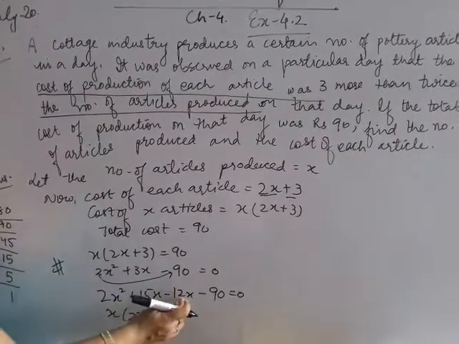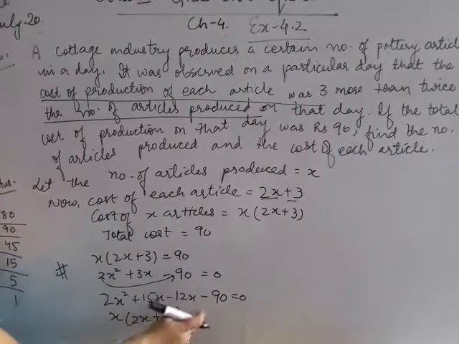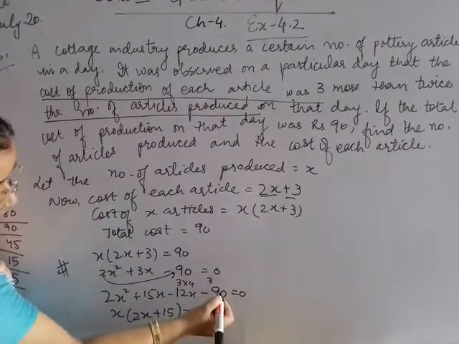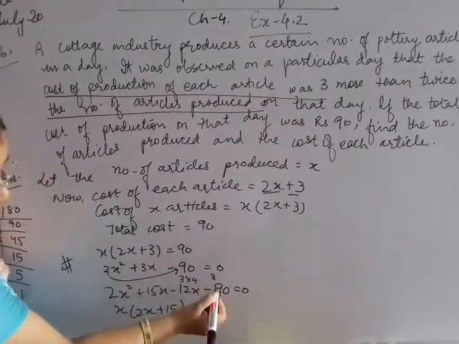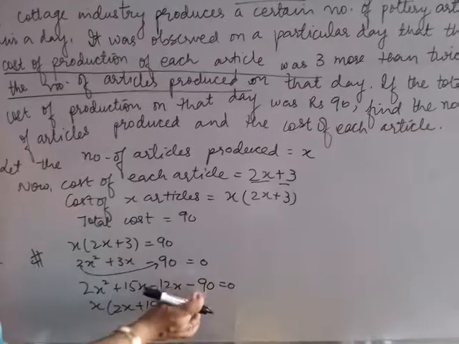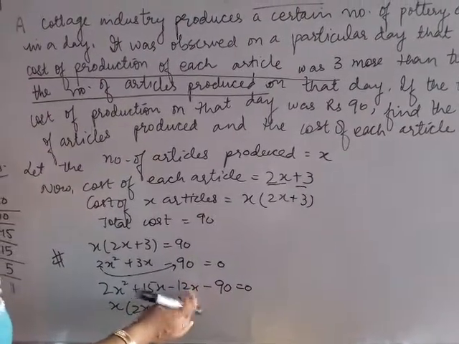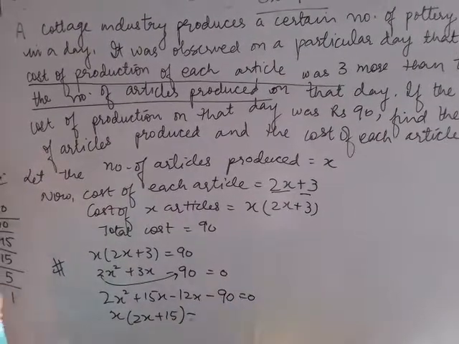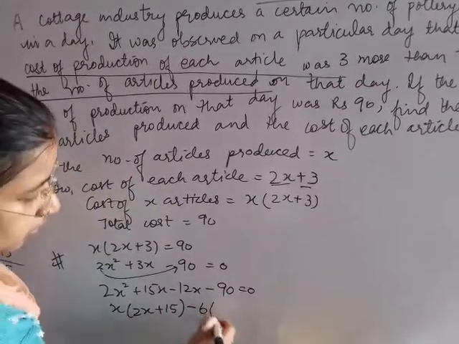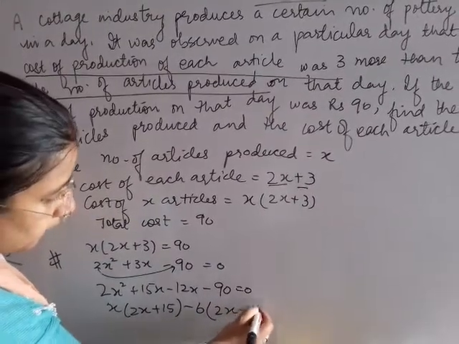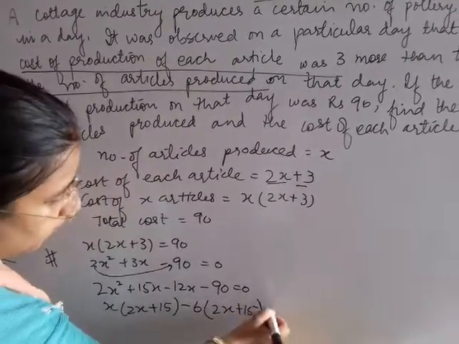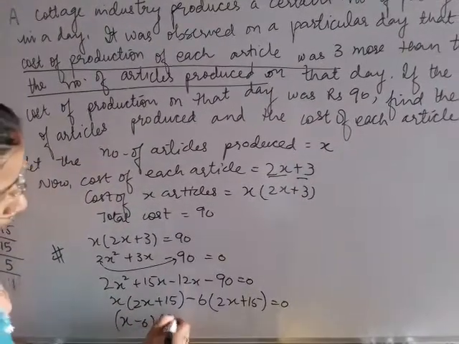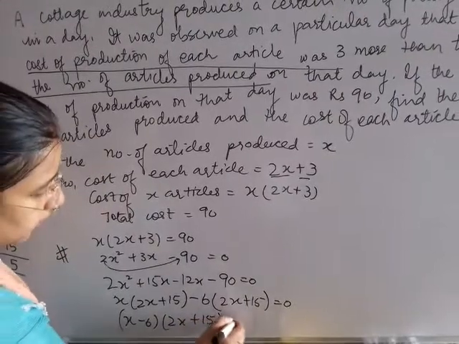Here we can take 2 6s are 12 and 2 into 45, what is common in between? 3 into 4, and we can write 90 as. From 12 and 90 we have to take the common factor out, which can be 12. Okay, 6 2s are 12 and 6 15s are 90. So we will take 6 as common. So we are left with 2x, and minus is common, so it will be plus 15. Okay, so we have x minus 6 as one factor and 2x plus 15 as the other factor.